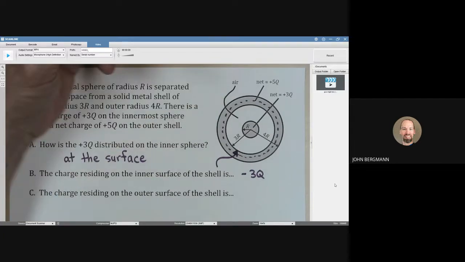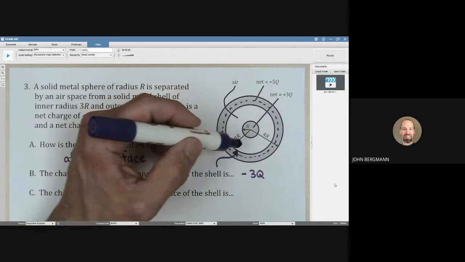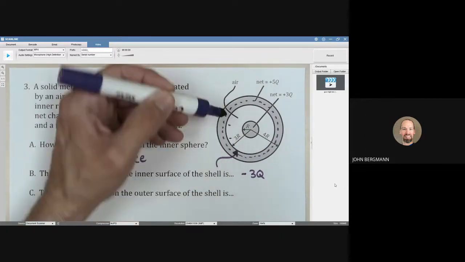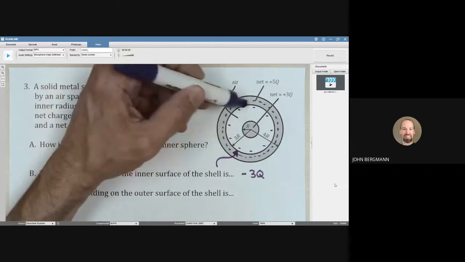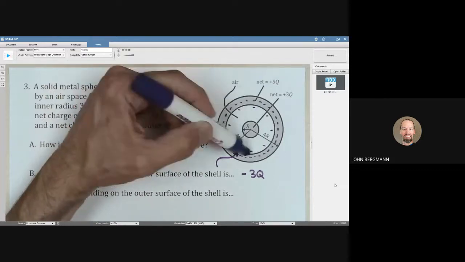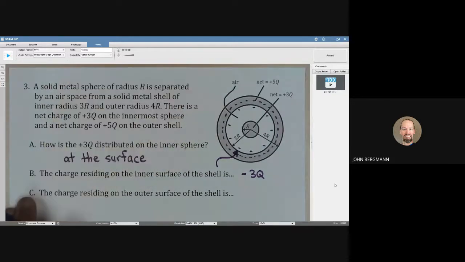And if the charge on this cannonball is plus 3, then the charge that is on the interior surface here must be negative 3. Plus 3q on the cannonball, therefore it has to be negative 3q on that side, because inside here the electric field has a strength of 0. So the enclosed charge within such a Gaussian surface has to be 0.